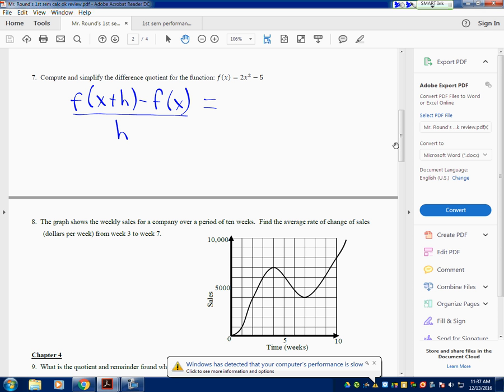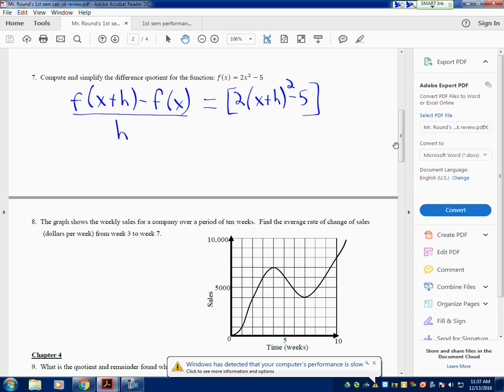So equals, now f is going to change depending on what function I give you, okay? What this says is take x plus h and plug it in for x in this function. So it looks like this. I'm going to put solid brackets around the entire f of x plus h portion. So it's 2 times x plus h squared minus 5, and that's my f of x plus h term.